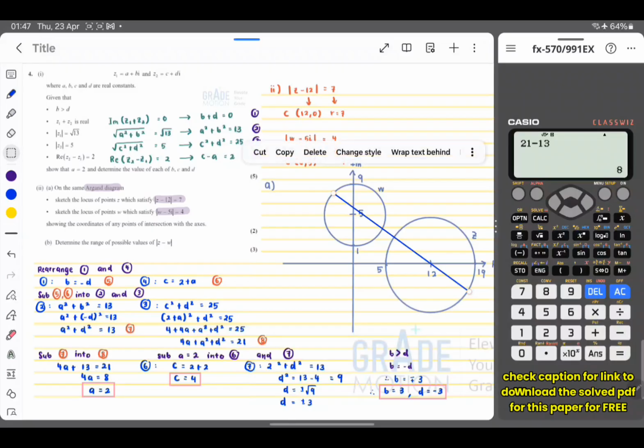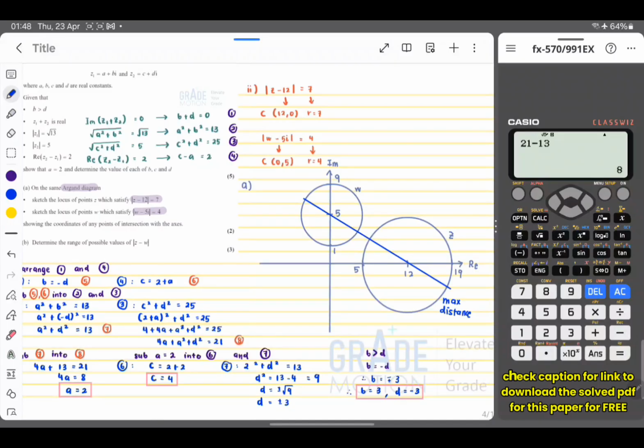It should pass through the center. So what I have here is the maximum distance. How about the minimum distance? The minimum distance between Z and W would be just this part. Here, minimum distance. Let me just color it in pink.